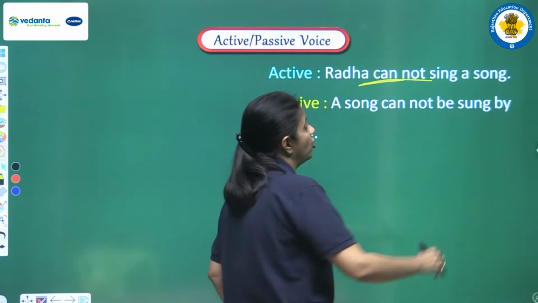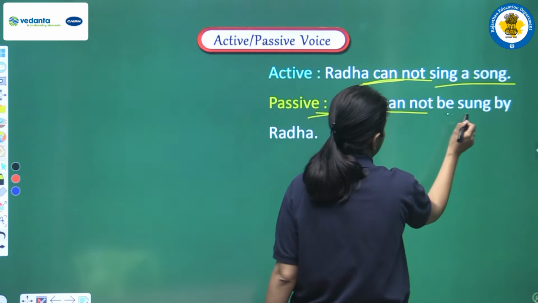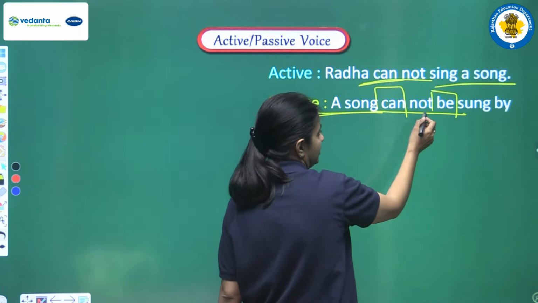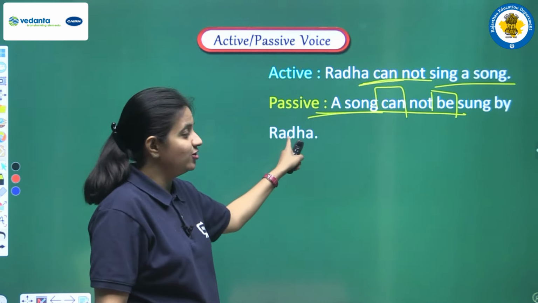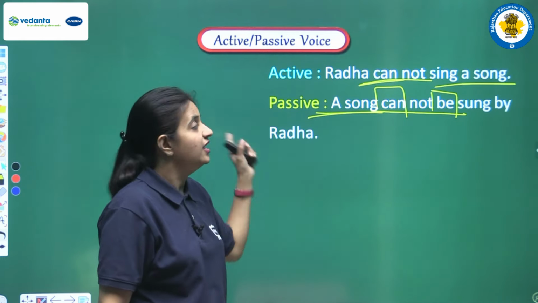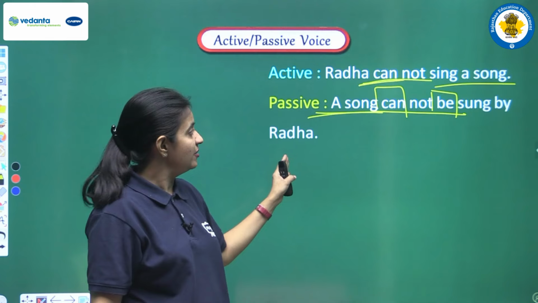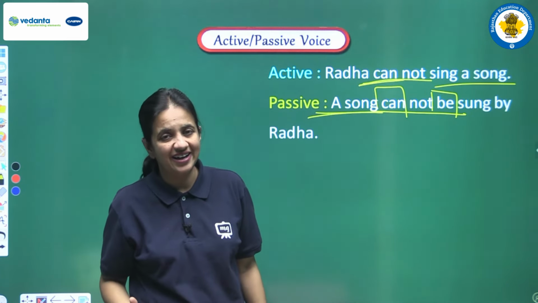So now our object is a song. So first of all we are writing a song, then cannot be. So again can and be, these two words won't be together. In between there will be not. After that third form, and in the end of the sentence our subject. So active voice is Radha cannot sing a song. Passive voice will be a song cannot be sung by Radha. Okay.